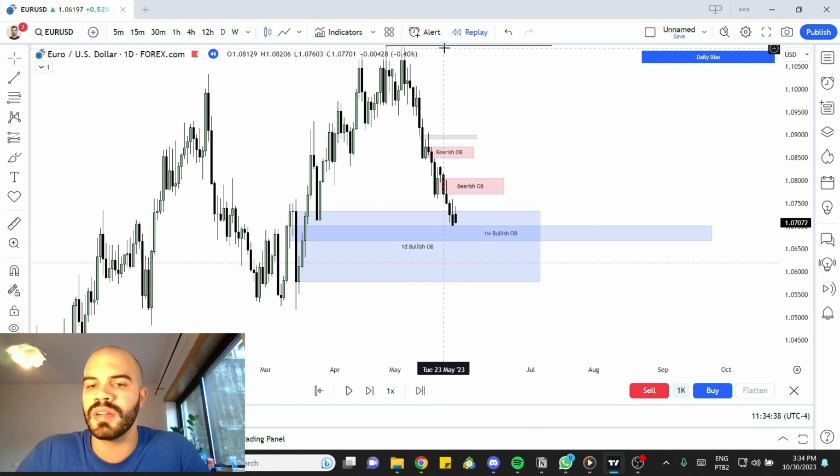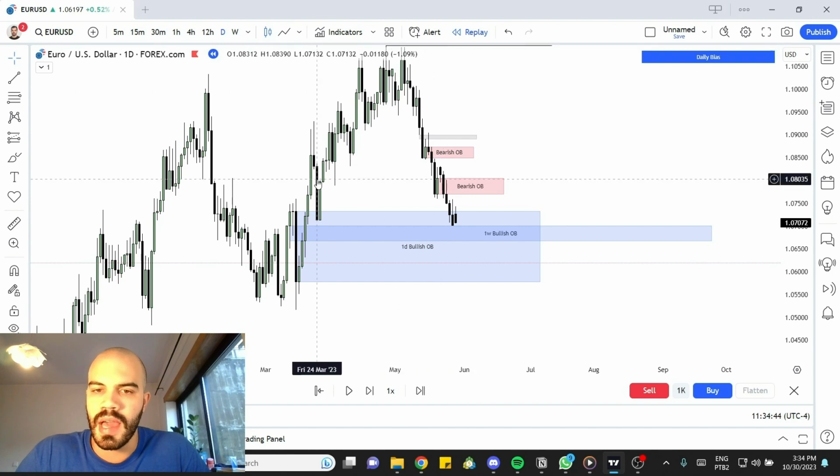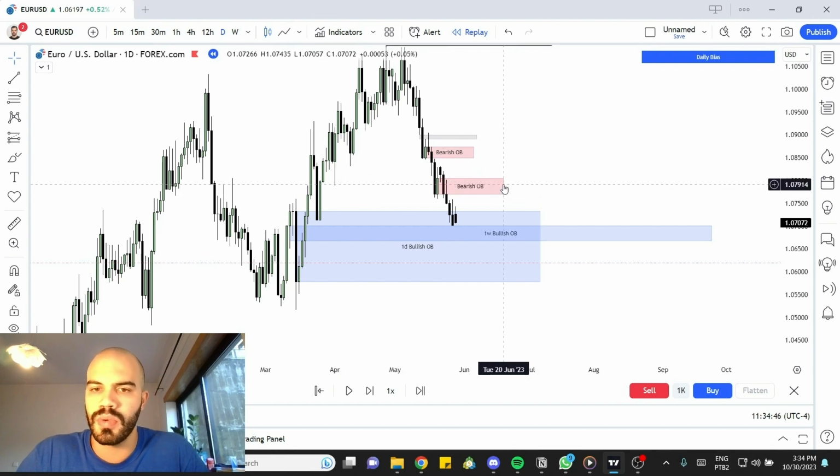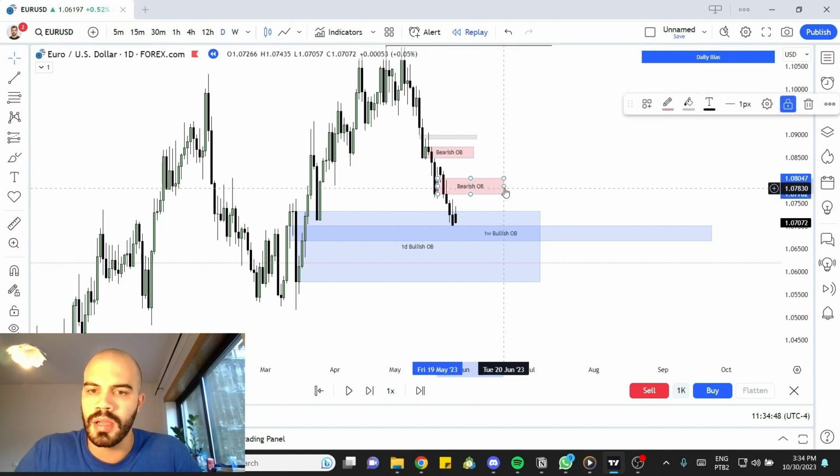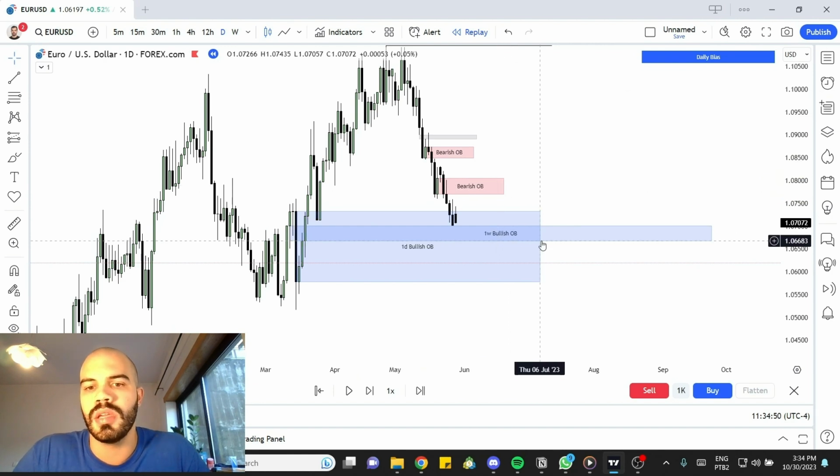But if we consider the hierarchy between the time frames, we will get to the conclusion that it's very likely that price will break out of this bearish order block because we have a weekly bullish order block backing the bullish idea up.